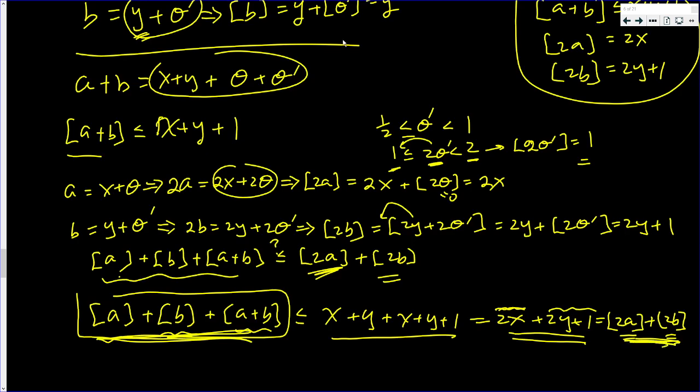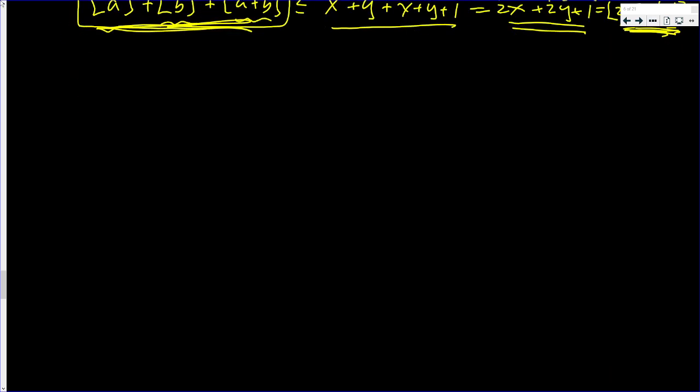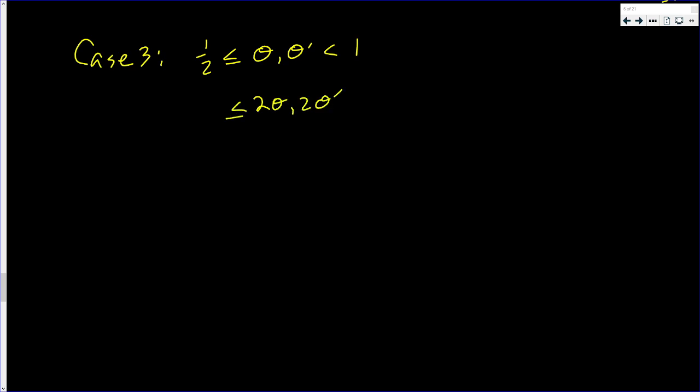Okay. Now, case 3 is where both theta and theta prime are bigger than a half. Theta and theta prime are between 1/2 and 1. That means 2 theta and 2 theta prime are in between 1 and 2.